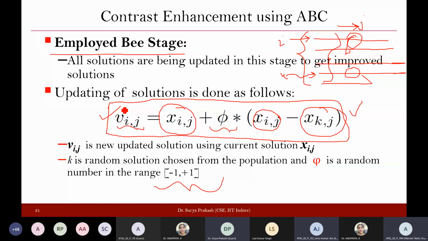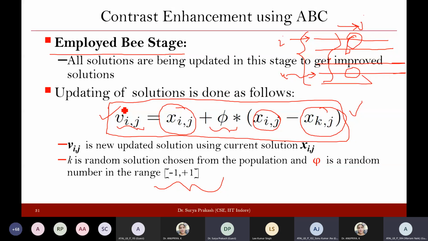This is done for all employed bees. If we have, let's say, 100 employed bees, for all of them the solution is being updated. And again, this is a greedy approach at this particular stage. When you have an old solution and you compute the new solution, if the new solution is not improving, then we do not consider it.